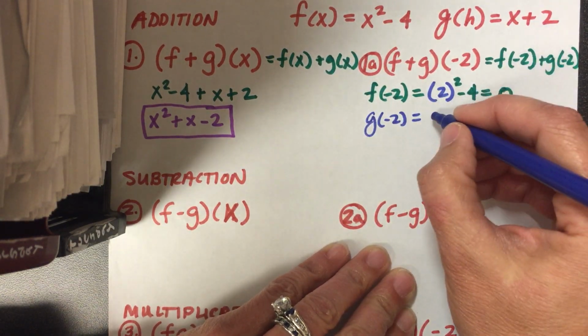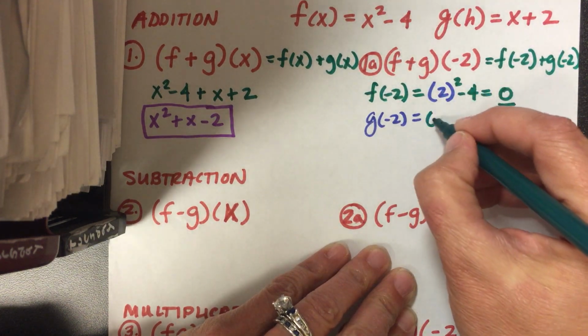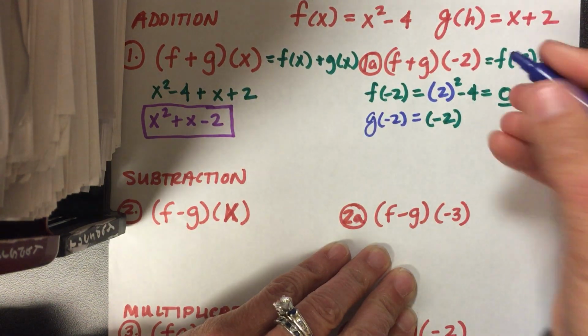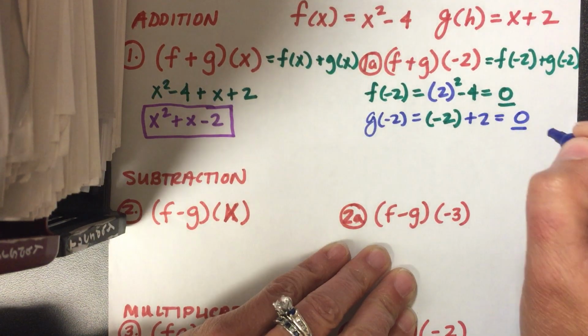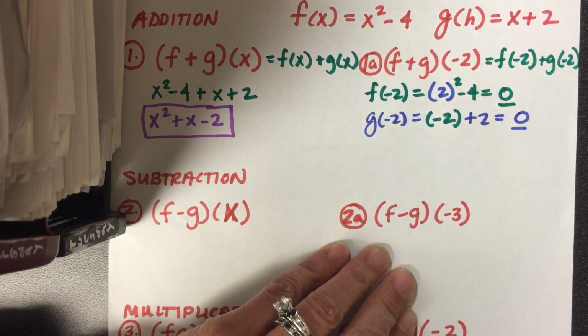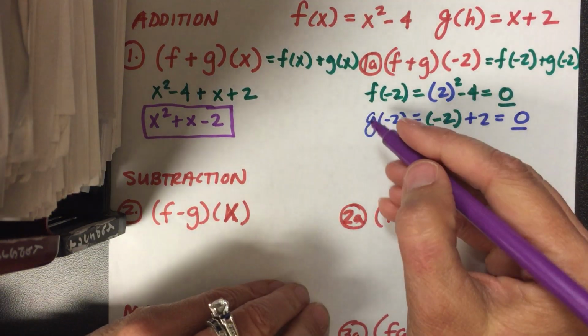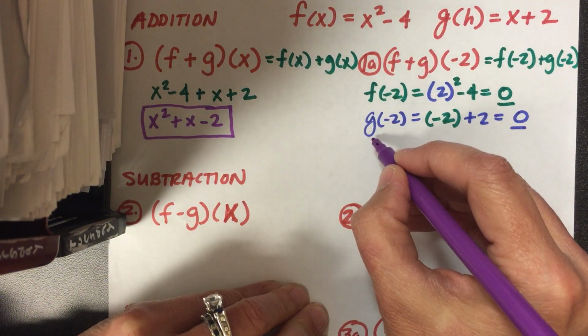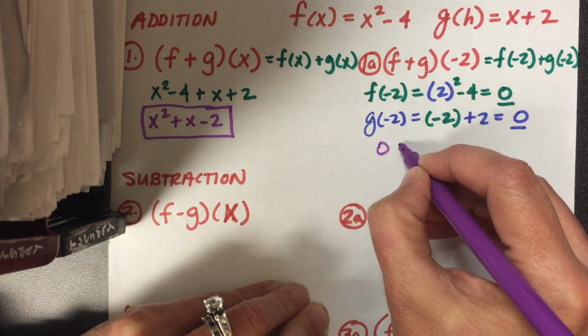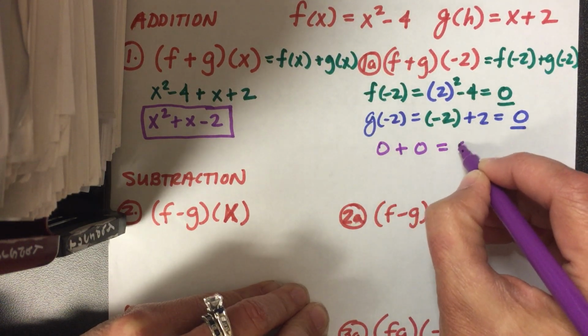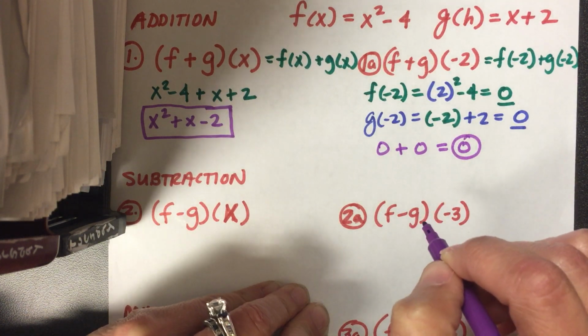G is x plus 2, so it's going to be negative 2 plus 2, and that also gives me 0. So now to finalize my operation, I add f of negative 2 plus g of negative 2, so 0 plus 0 is 0. And that is your answer.